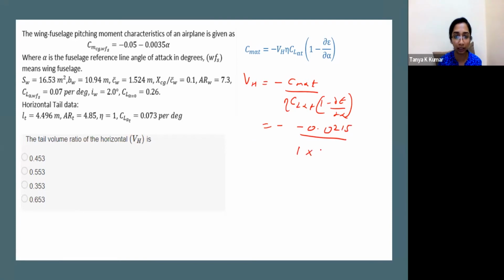CL alpha tail is 0.073. And we have 1 minus dou epsilon by dou alpha, which we found in the previous question, 0.35. So what is the VH? Can somebody quickly find out this value? Yeah, 0.453, correct.